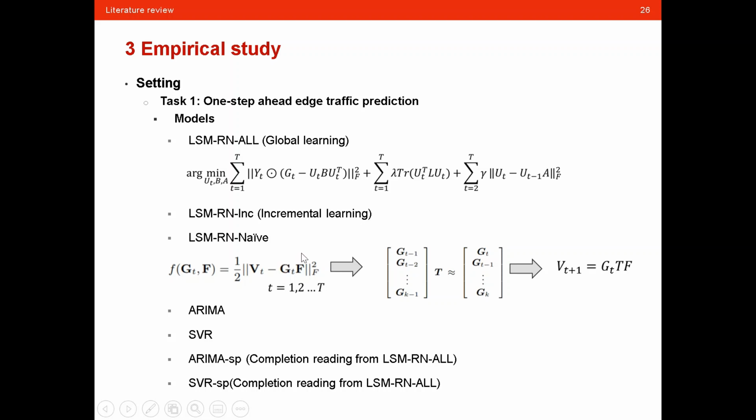The first comparison model is the LSM-RN-Naive, which basically has these 3 procedures. First, matrix factorization is implemented to impute the traffic data and get the latent traffic features, and then they solve this optimization problem to get the state transition matrix, and then they do the traffic prediction based on this formula.